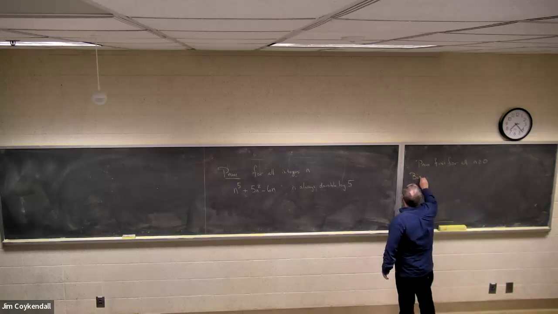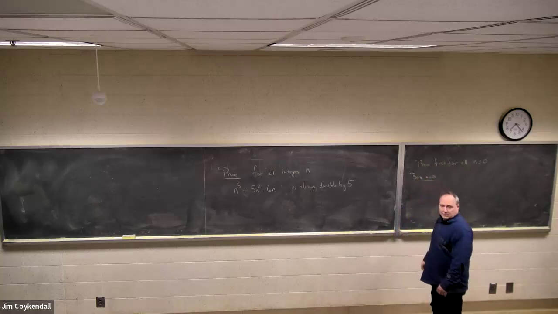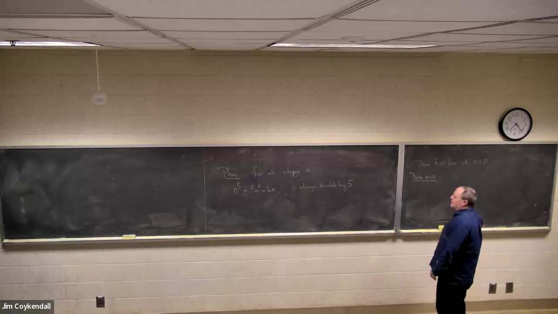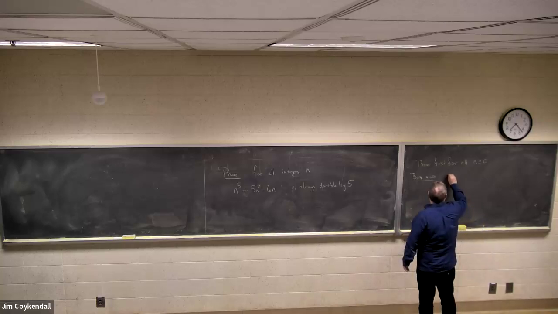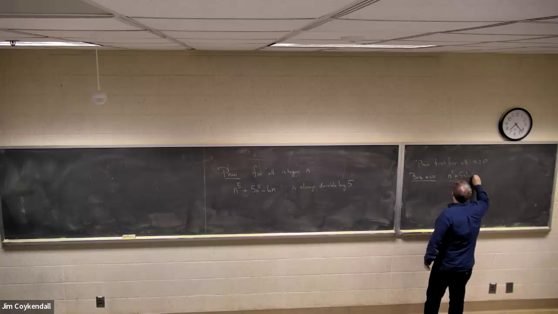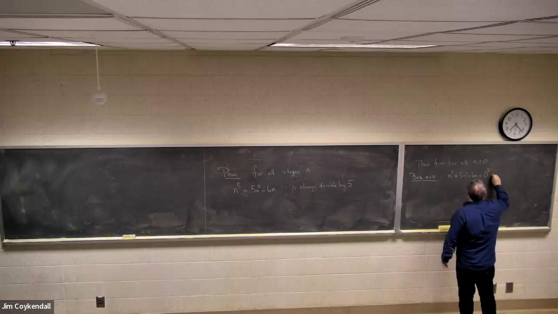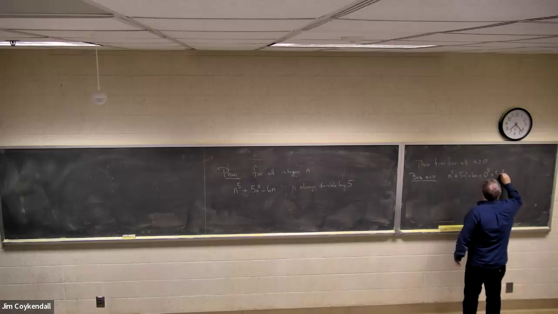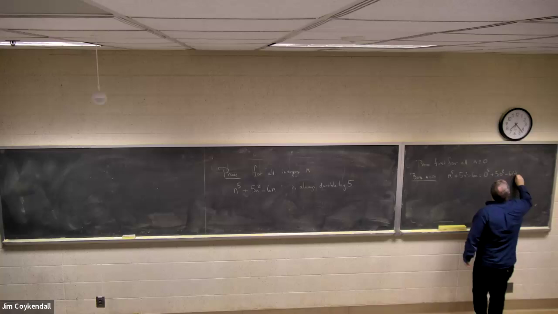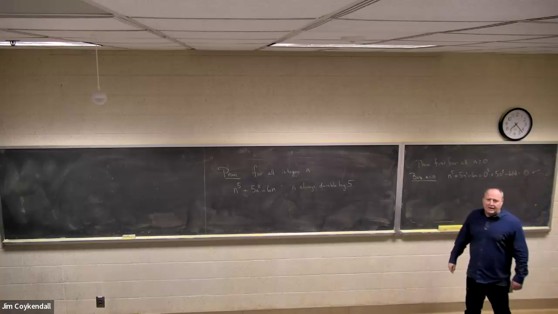What should my base case be? n equals 0, right? 0 is divisible by 5.